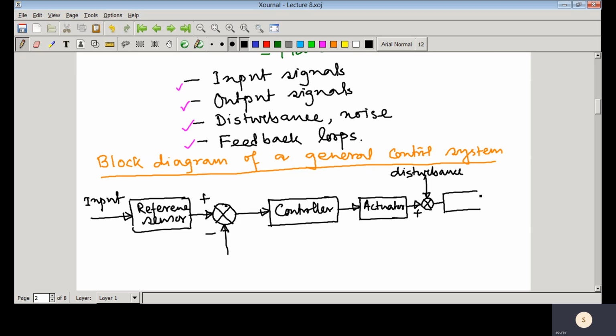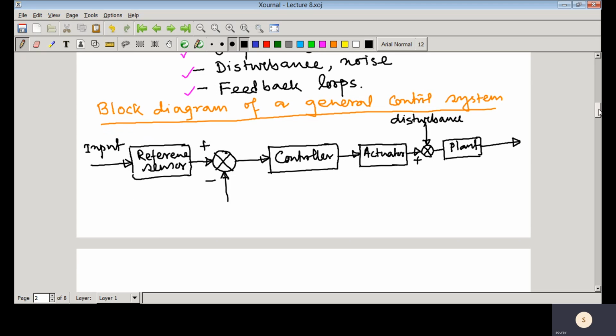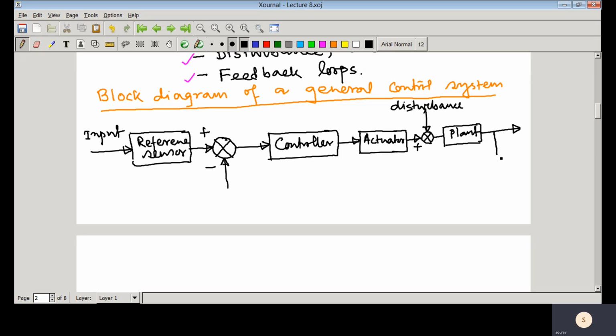Then you have the plant, and then this is the major output, and here we take the feedback signal, so that is the output sensor, and in the feedback path, noise may enter, and this is the feedback loop.